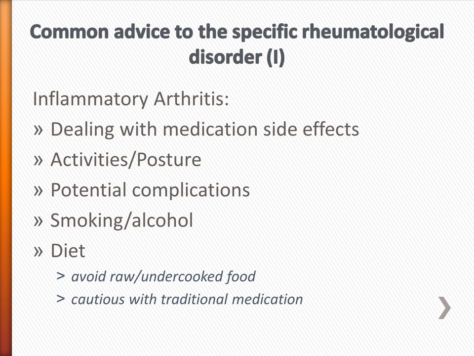Some advice on activities includes duration of exercise and some important tips on posture for patients with ankylosing spondylitis. Some of the potential complications are discussed, and patients are strongly advised to stop smoking and avoid alcohol. For dietary advice, patients are advised to avoid raw or half-cooked meat or eggs to minimize risk of infection and to be cautious with taking traditional medicine.